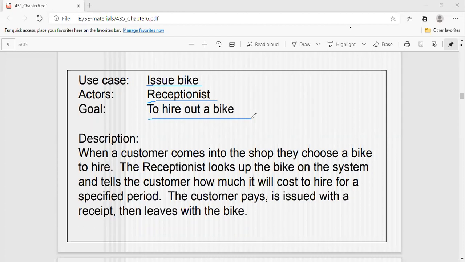Later, if possible, she will give some receipt to that person. Then he will take the bike from there for his personal work.